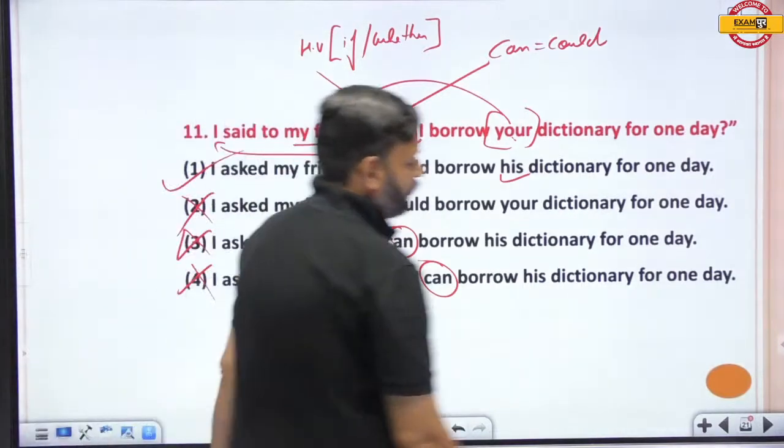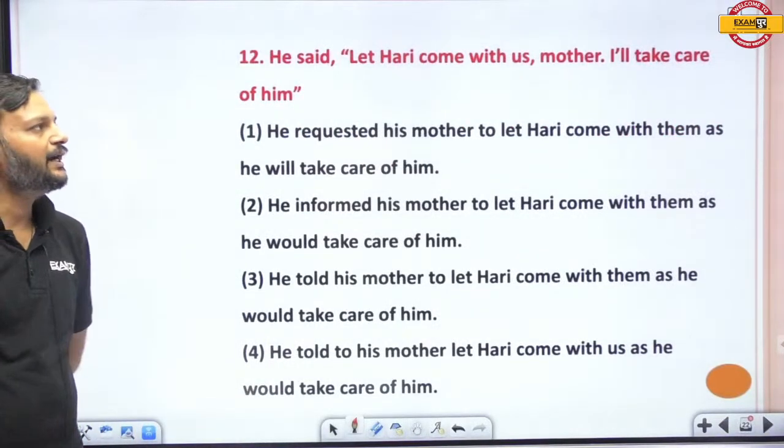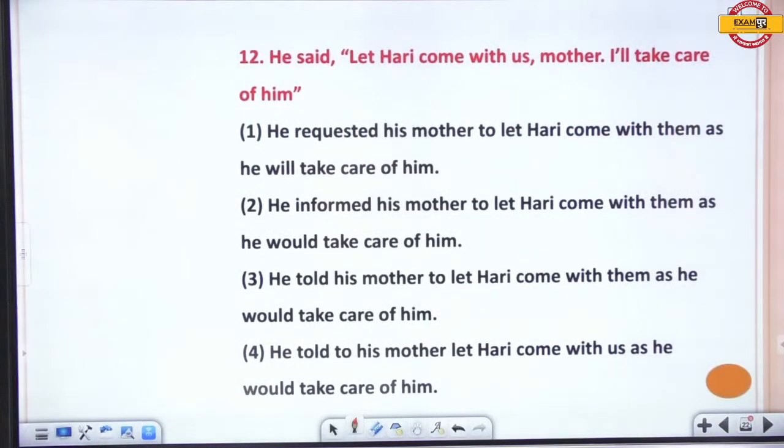Now solve the next question. Question number 12. He said, let Hari come with us, mother, I'll take care of him.